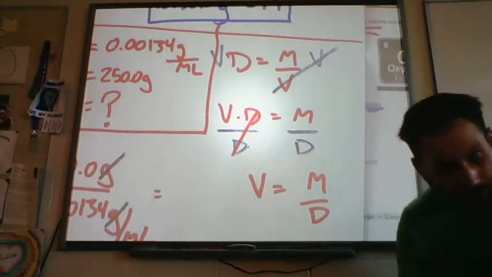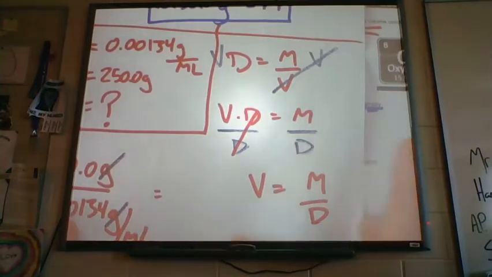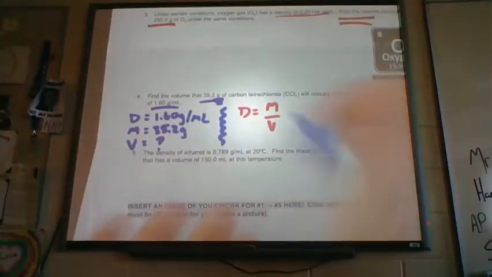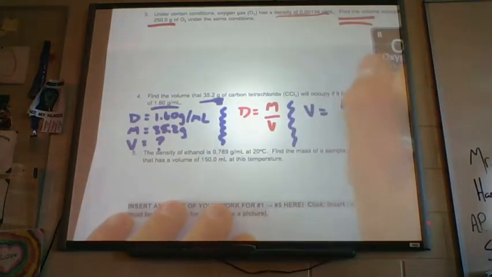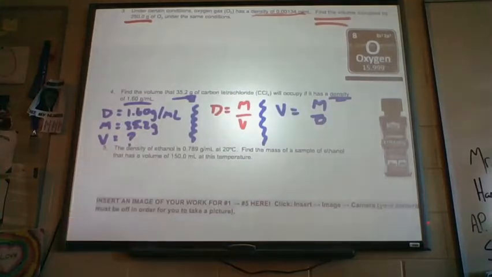All right, so that should be something that we are pretty familiar with. So we rearrange our equation to have V equals M over D. Then I'm simply going to plug in my numbers for mass and density, and you're just dividing. All right, it is very straightforward. So most of the problems on the front are very straightforward.